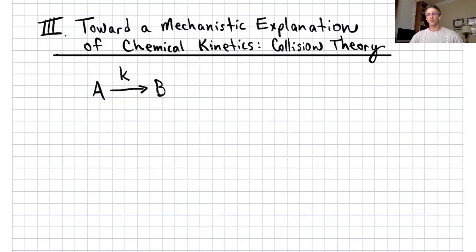So for at least 100 years before that, by about the mid 19th century, people were really trying to dig in with these new tools of science to understand how this is working, right? And the first person to really approach this question of why reactions go the way they do was a Swedish chemist, famous chemist, of course, by the name of Arrhenius. You may have heard his name before, right?